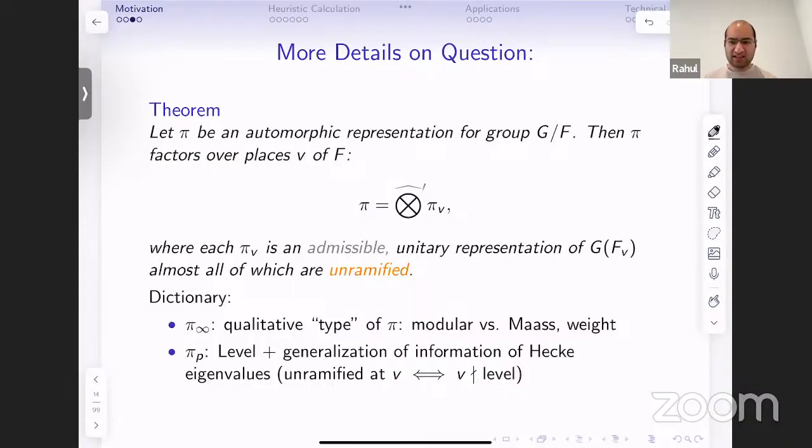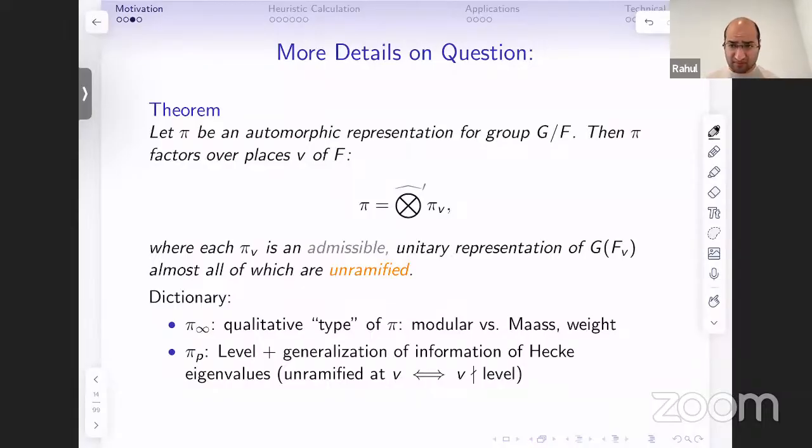And these local components over the places v of F let you relate the adelic perspective to the more classical perspective. So these local places are infinite places and finite places. The components at the infinite places tell you the qualitative type of automorphic representation that you're looking at, basically whether it's a modular or a Maass form for GL2, what its weight is, things like that.